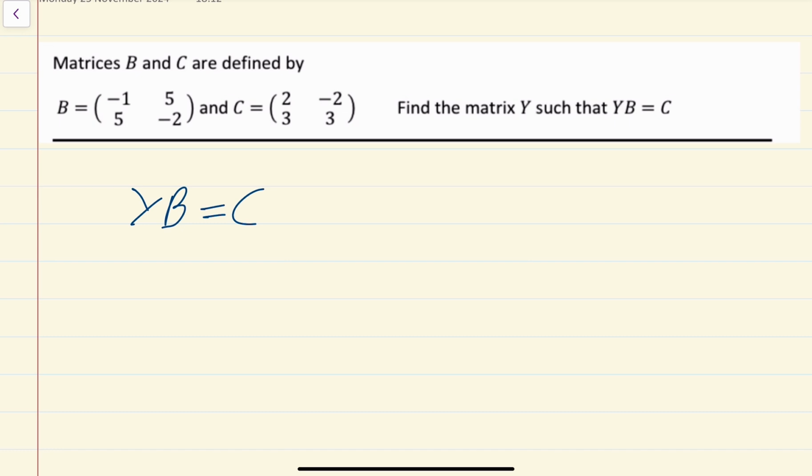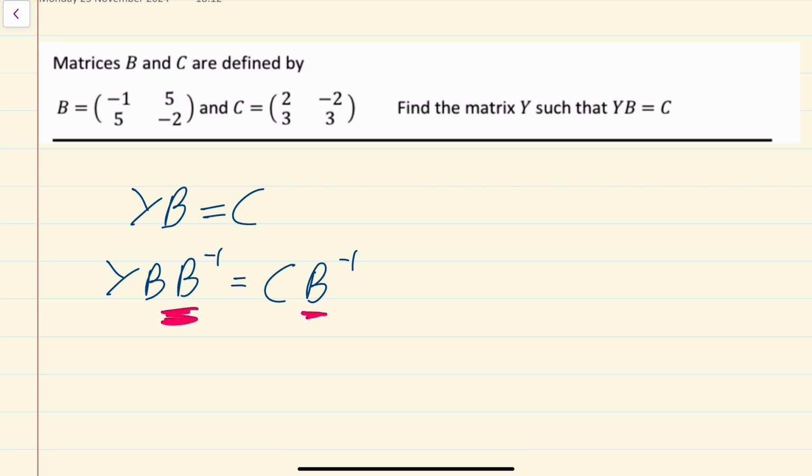Now we basically want to get Y on its own. To get rid of this B, I have to put the inverse after it, because the B and the inverse have to be touching each other. So the inverse of B has to be after the B on the left hand side, which means the inverse of B has to go after everything on the right hand side too. Wherever you put the inverse of B on the left hand side, you have to put it in the same place on the right hand side.